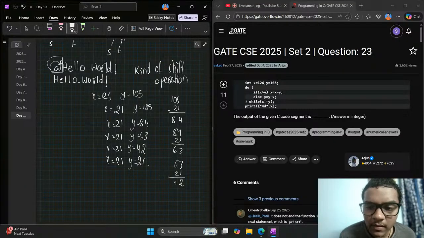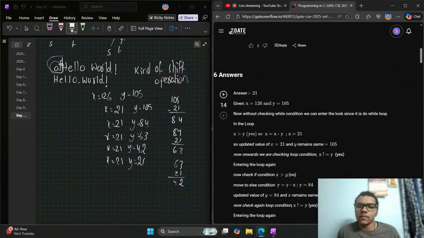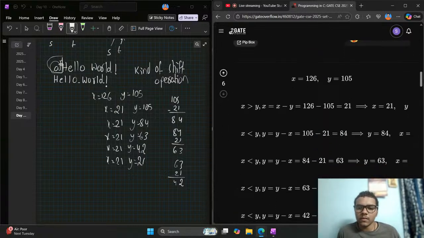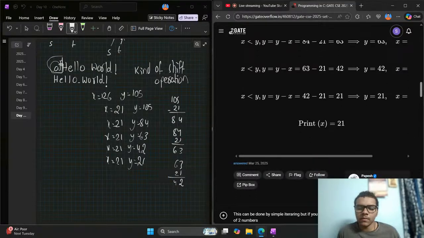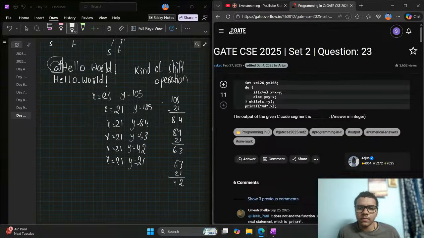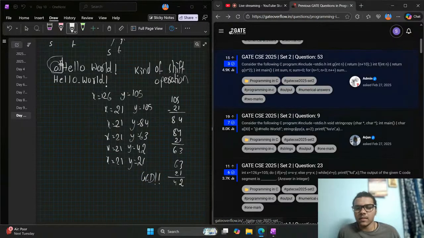Okay, this is x will be 21. Okay, greatest common divisor. Wow, GCD. Okay, that is one mark.